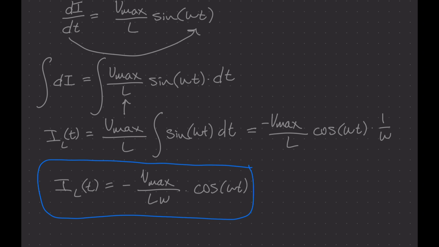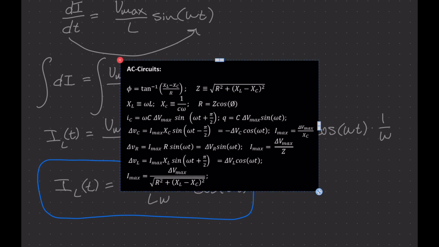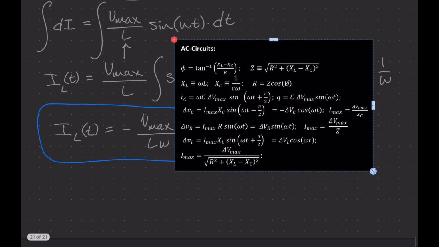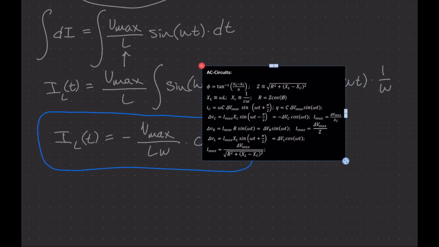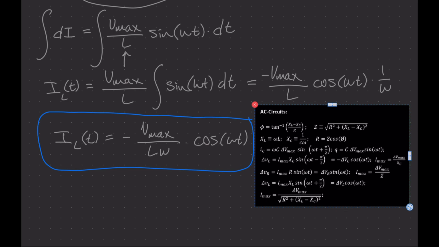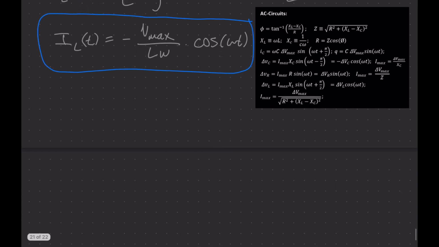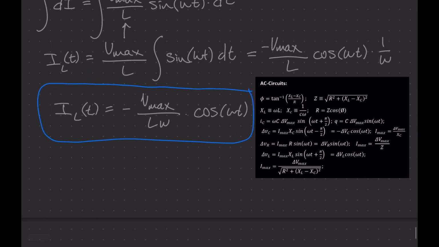And let me bring into play this equation sheet here, so we can take a look at it a bit closer and analyze it. So what I derived here was the current as a function of time for the inductor. For the capacitor, we actually had that equation here, but I can't see it anywhere for the inductor.